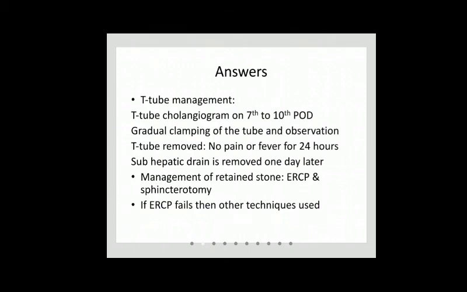And if there is a dilated common bile duct more than 2 centimeter, multiple stones, or recurrent stones, in that case you can go for a Roux-en-Y choledochojejunostomy. So these are the open technique. And advanced technique is laparoscopic stone removal. So these are the treatment options for common bile duct stone.